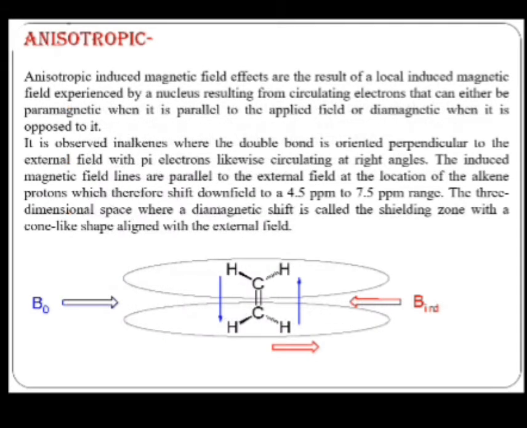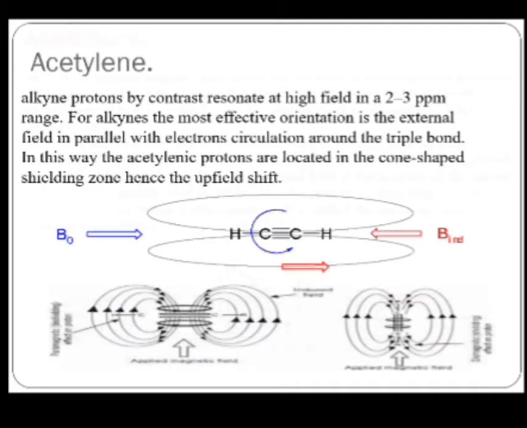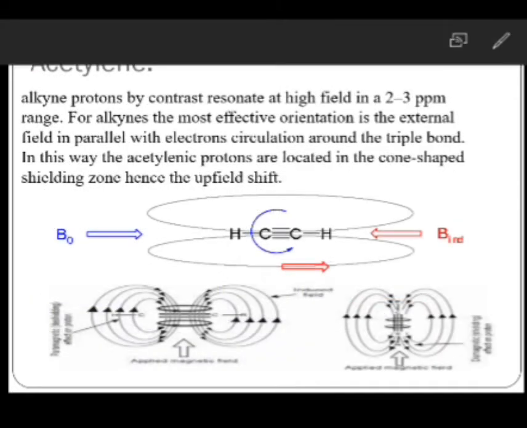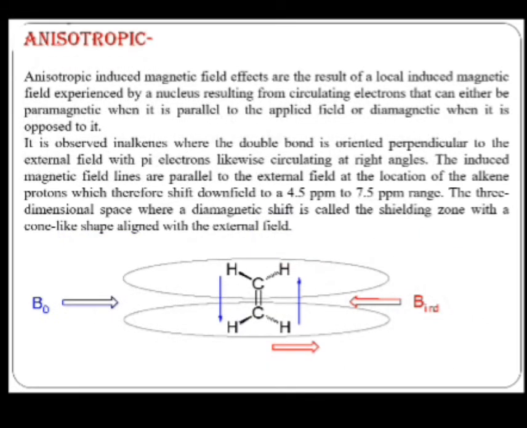So friends, these are the anisotropic effects. Here I will explain using an example. Anisotropic induced magnetic field effects are the result of a local induced magnetic field experienced by a nucleus resulting from circulating electrons, which can either be paramagnetic when parallel to the applied field or diamagnetic when opposed to it.